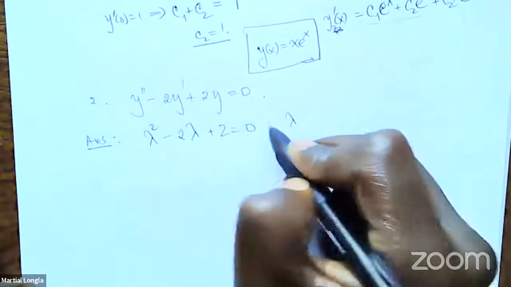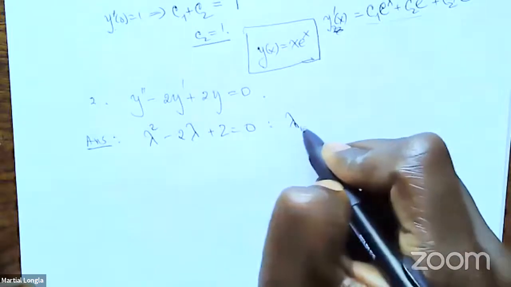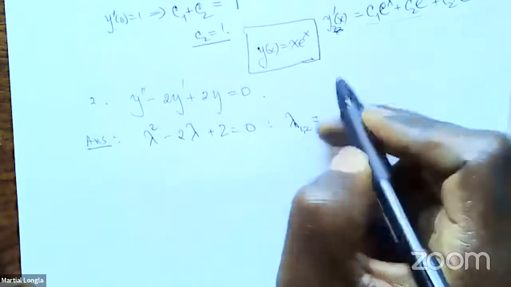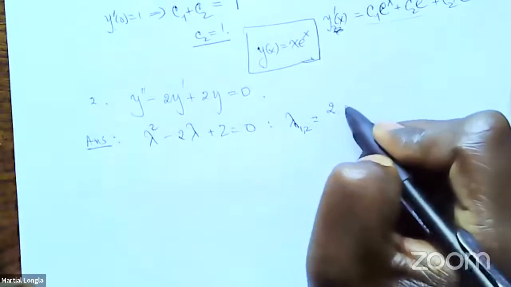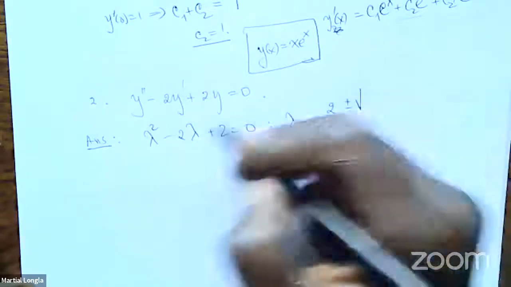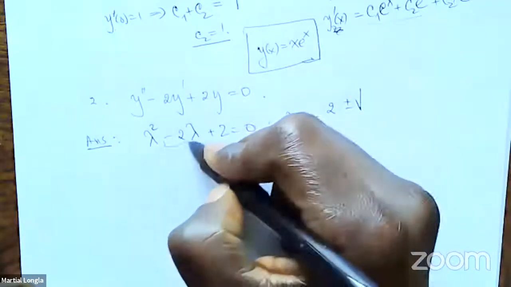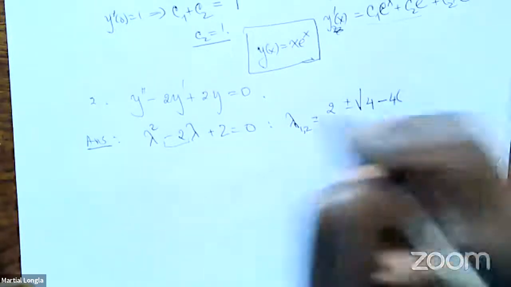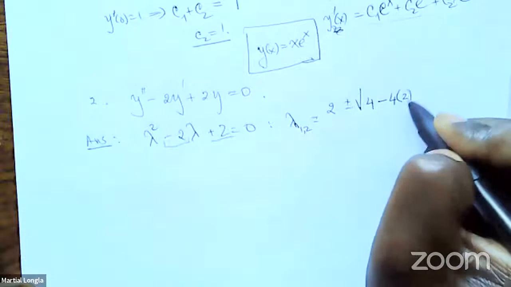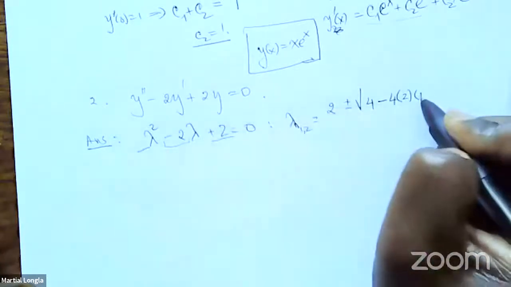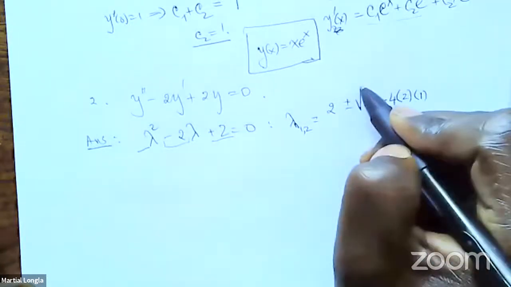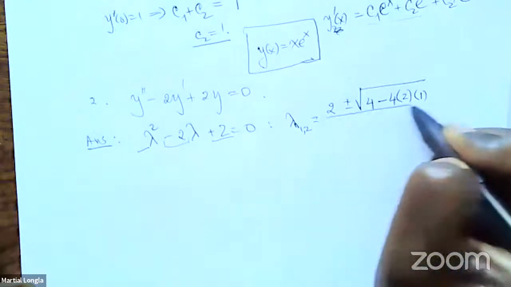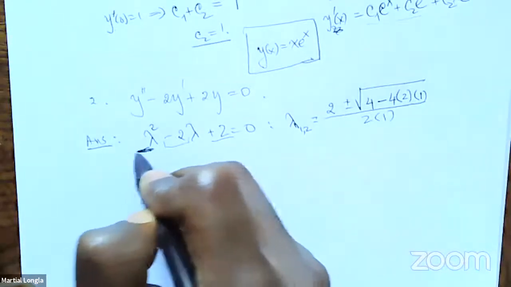I use the quadratic formula again, lambda 1, 2, minus minus 2 is 2, plus minus square root of minus 2 squared, that's 4, minus 4 times 2 times the 1 that we have here, over 2 times 1.